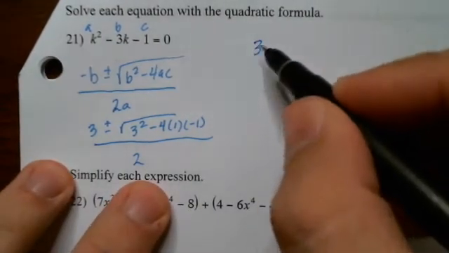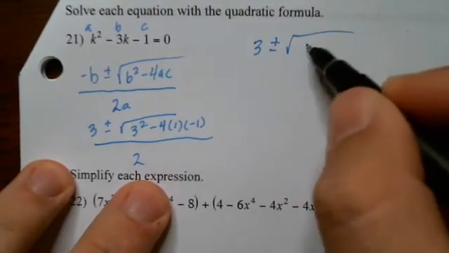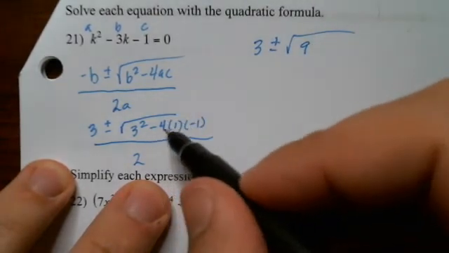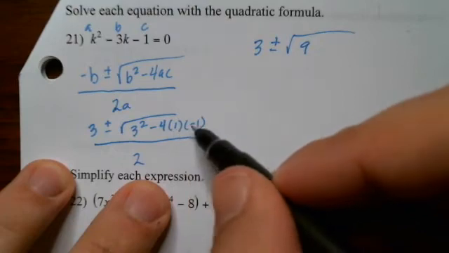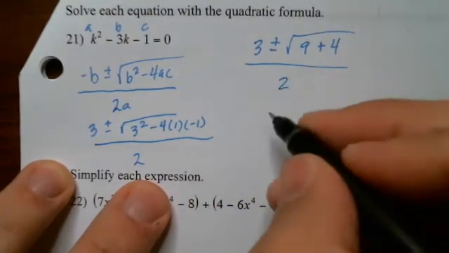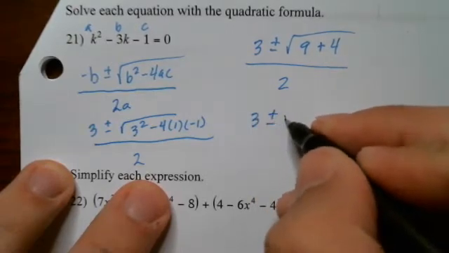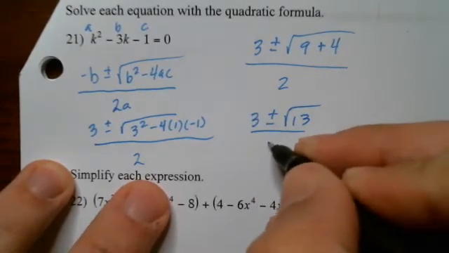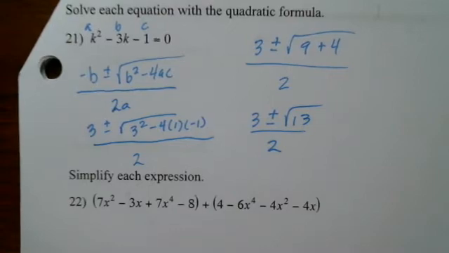That then goes to 3 plus or minus the square root of 9 minus 4 times 1 is -4 times a -1 is +4 all over 2. That's 3 plus or minus the square root of 13 over 2. Can I simplify the square root of 13?